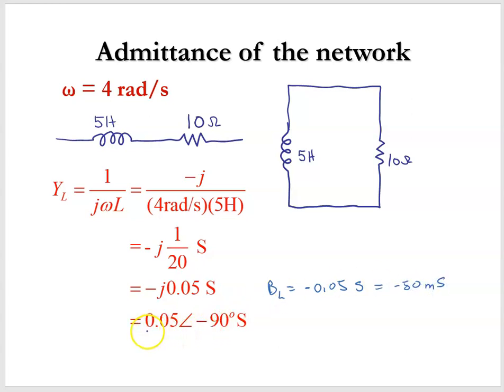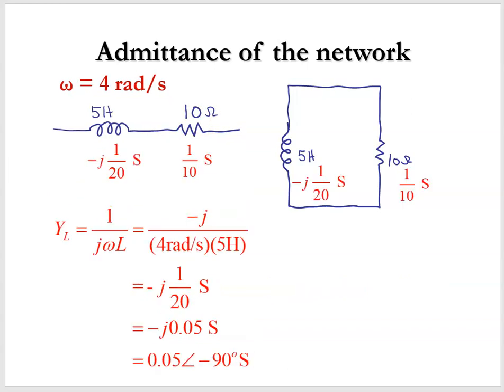We could also write it in polar form. When we're working with admittance, we sum admittances in parallel, and for admittances in series we have to do the product divided by the sum. Or we could find Z and do 1 over Z.